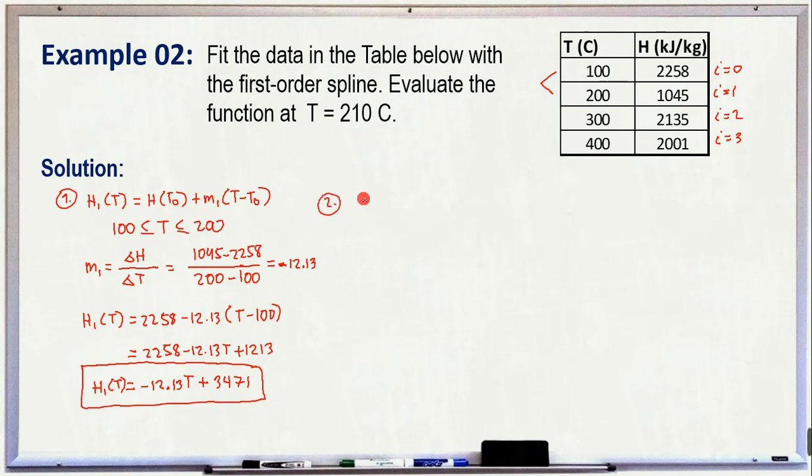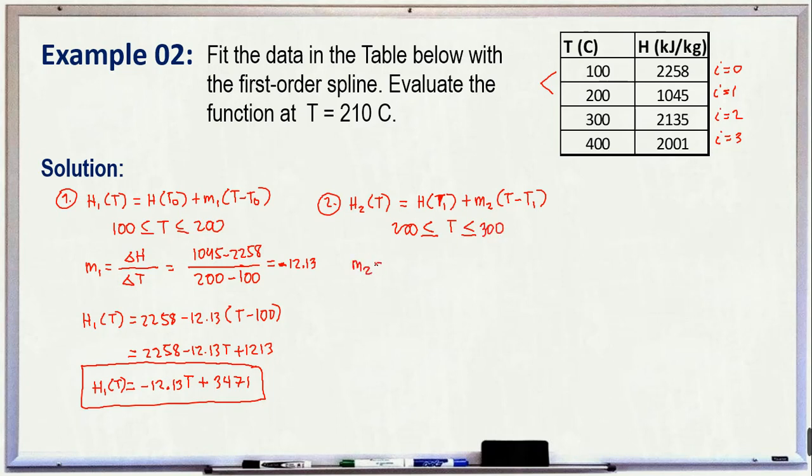Second, we have h2 of t equals, this time, h of t1 plus the second slope, since it is the second line, times t minus t1, in the interval 200 less than or equal to t less than or equal to 300.